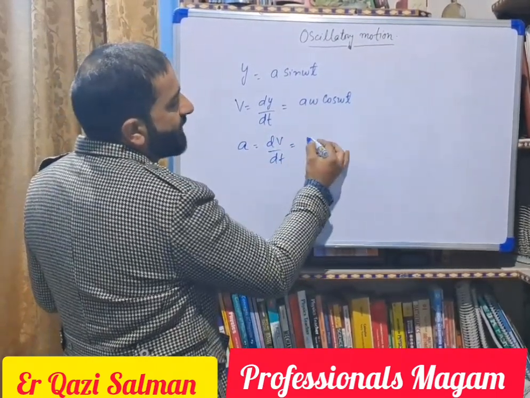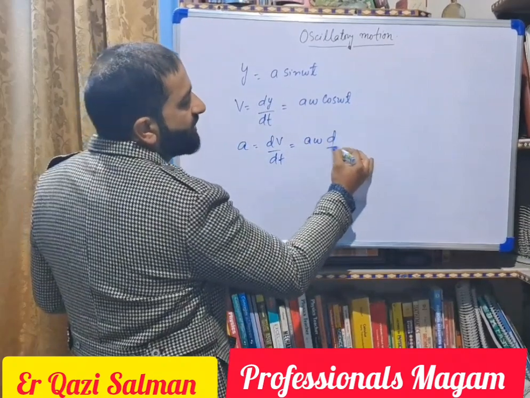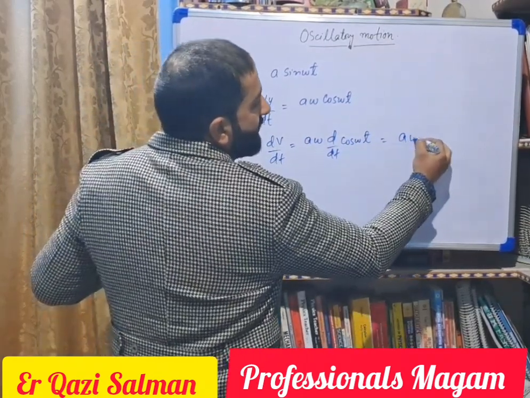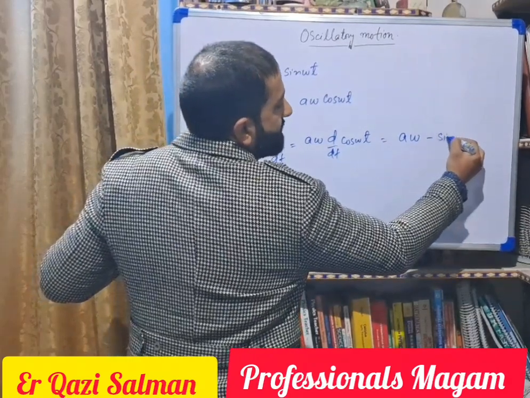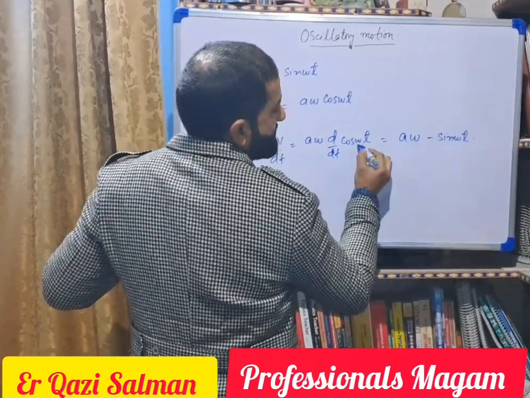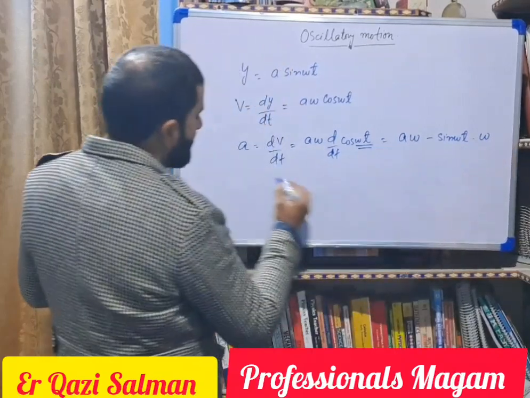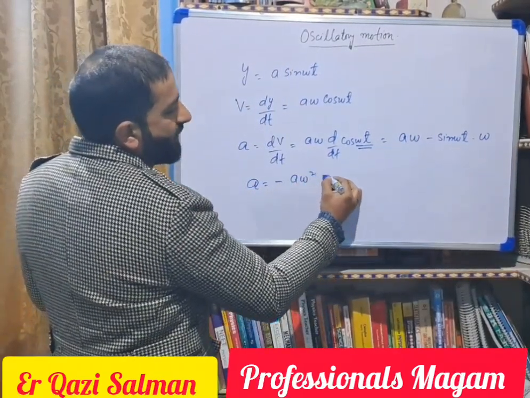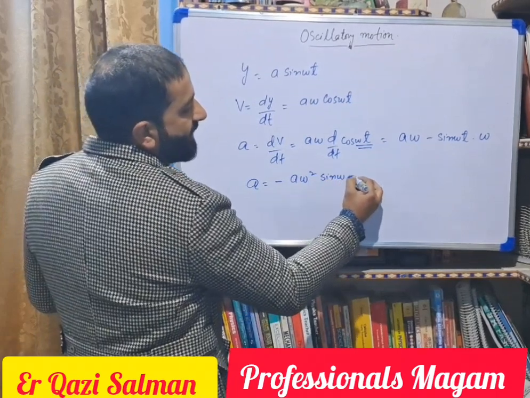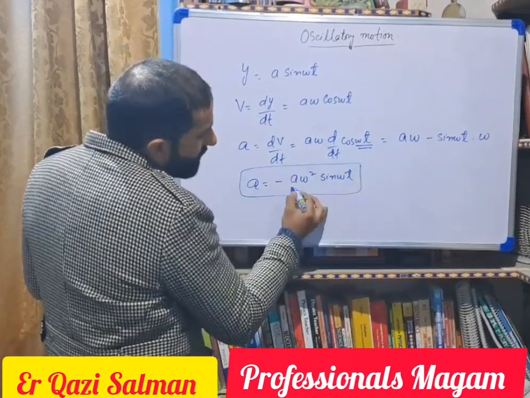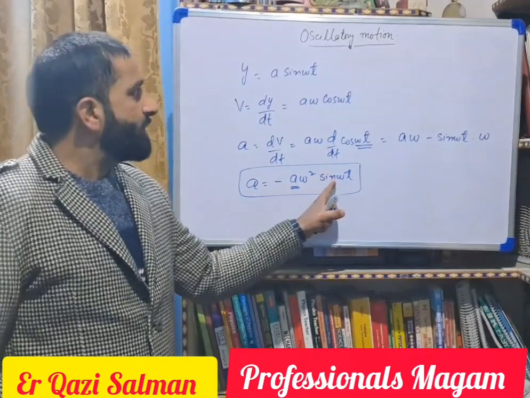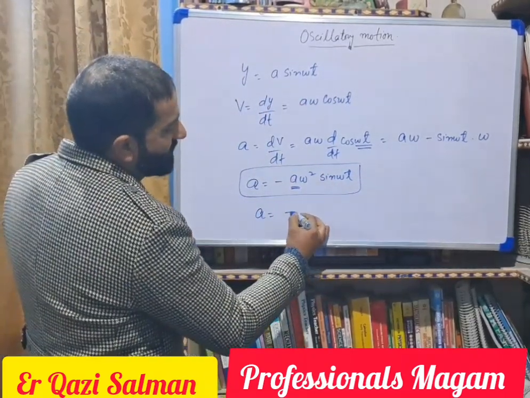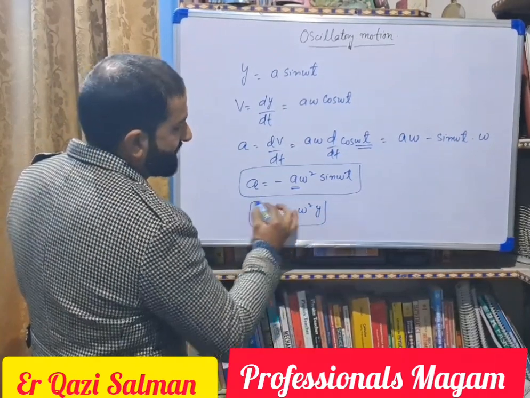That means a omega, being constant, comes out, so d by dt of cos omega t. We know that differentiation of cos is equal to minus sine omega t, and internal differentiation of omega t is equal to omega. That means a is equal to minus a omega square sine of omega t. Or since a sine omega t is equal to y, we can say that a is equal to minus omega square y.